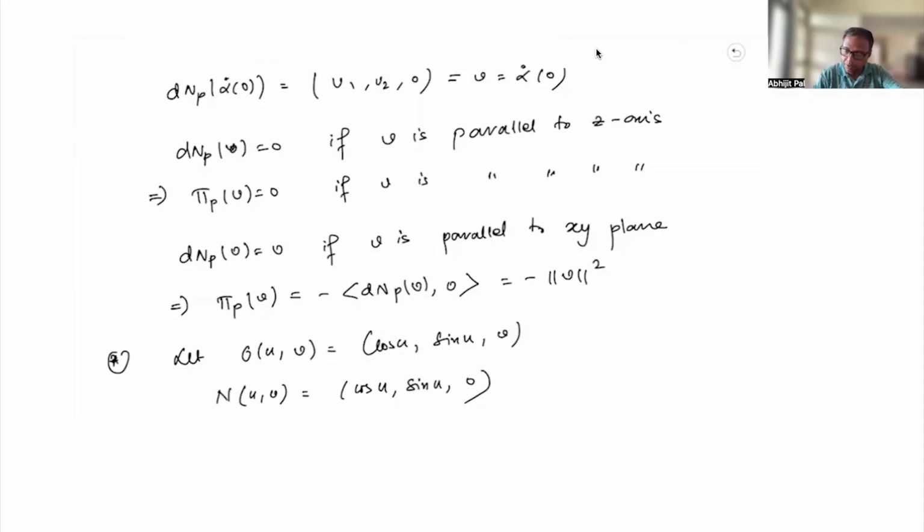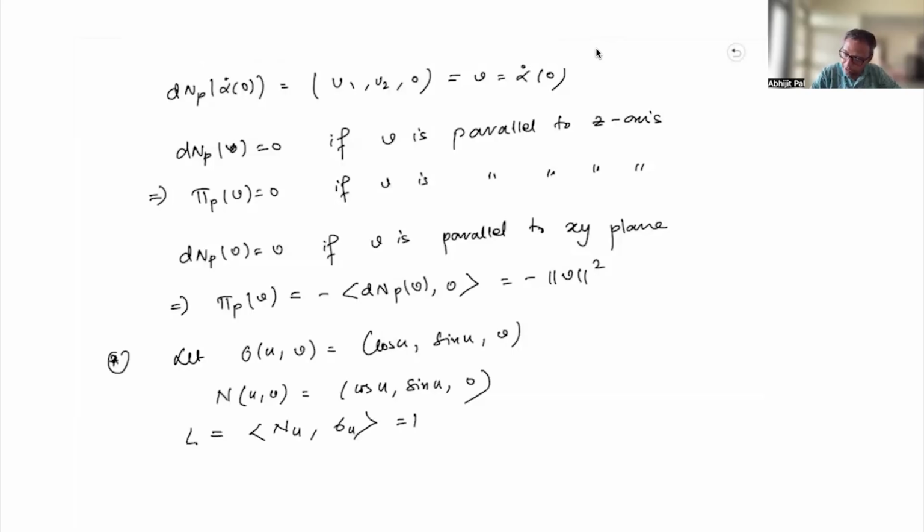Now you can compute the coefficients of the second fundamental form. So L is equal to the inner product of the partial derivative of N with respect to u with sigma_u. If we take this inner product, this will be equal to 1.